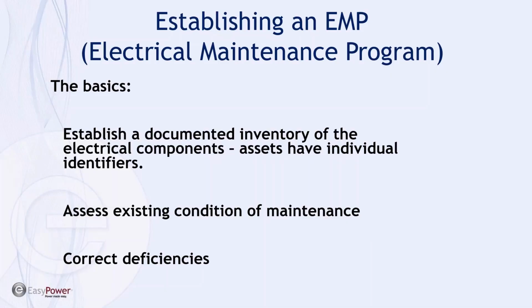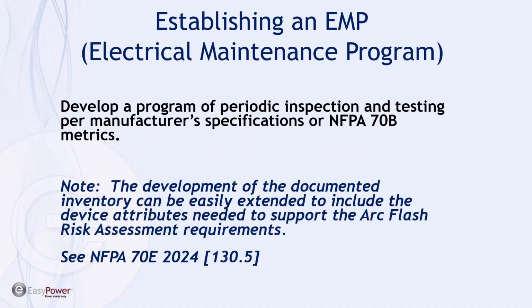And as we take a look at that, our view of the world is the electrical maintenance program is really part of the broader electrical safety program, the way that those chapters were structured earlier in our project approach on that. So again, a documented inventory of the electrical components of your specific assets, assessing condition of maintenance, and correcting deficiencies are just three of the getting-started basics of that electrical maintenance program.